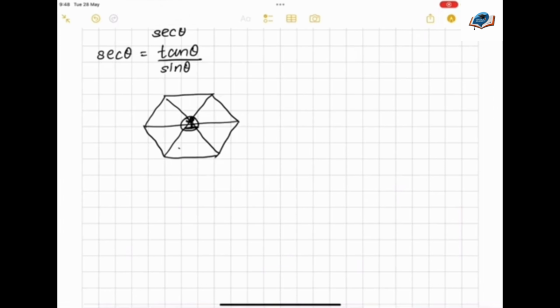In the first triangle it was sine theta, cos theta. If I take that triangle, sine square theta plus cos square theta will be 1. At the third vertex I am having 1, so that will be equal to 1.